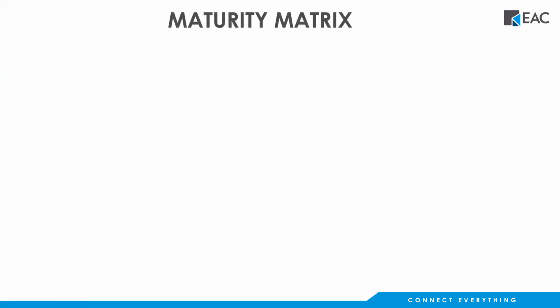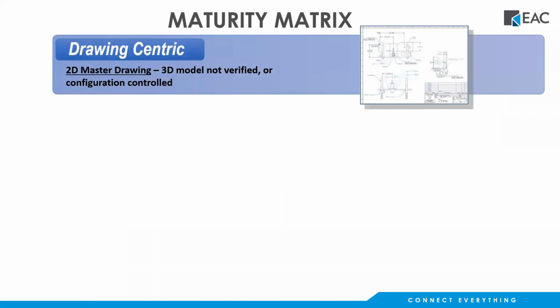All right. So for this slide, I'm going to walk through a maturity matrix of model-based definition. I want you to think about where you are and maybe where you'd like to be in this maturity matrix. The first one is drawing centric. This is where we only have the 2D drawing.